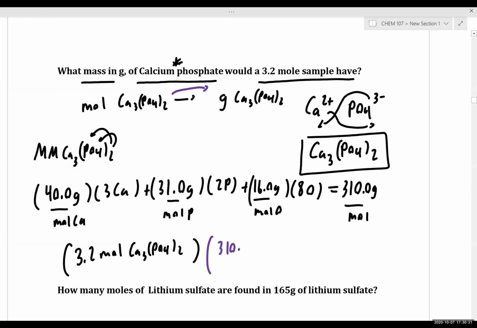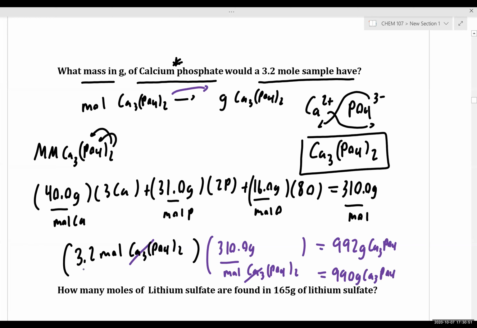So we plug in 310 gram per mole of calcium phosphate. The moles cancel, and in turn, we are left with a final mass of 992 grams of calcium phosphate, which we round to 990 grams of calcium phosphate to respect that our input had only 2 significant figures.